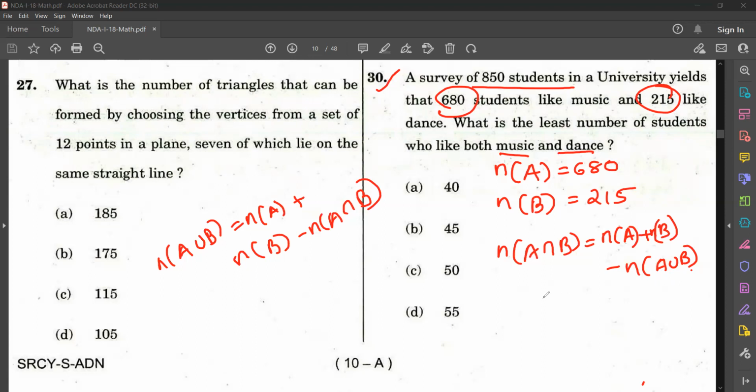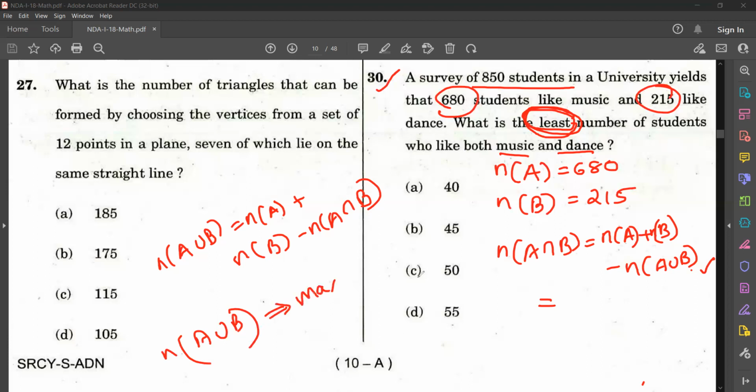Okay. So they are adding a word, least number of students. So least number of students happens when N of A union B is maximum, isn't it? Because this expression N of A plus N of B minus N of A union B should be least, which means this A union B should be maximum.